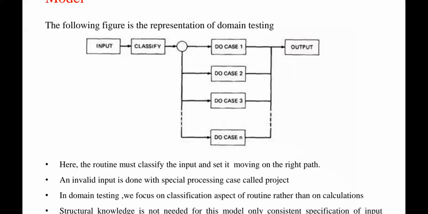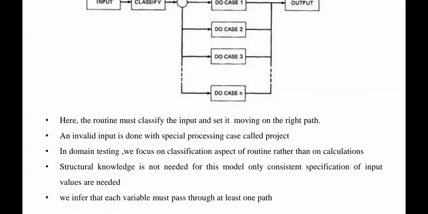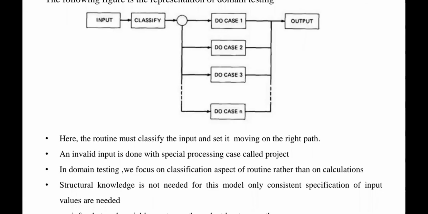Okay. See, this is the figure that represents domain testing. Here it takes an input value and finally gives the output. In between input and output, we have the classifier and some different cases. The classification is done based on these different cases. Whichever case is satisfied, that case will be executed, and the output will be produced.